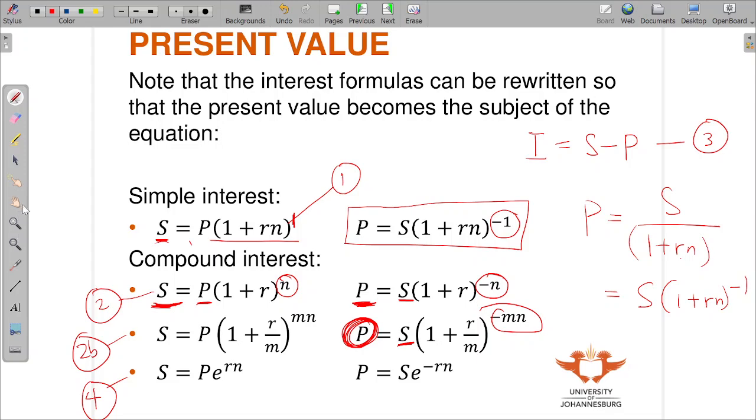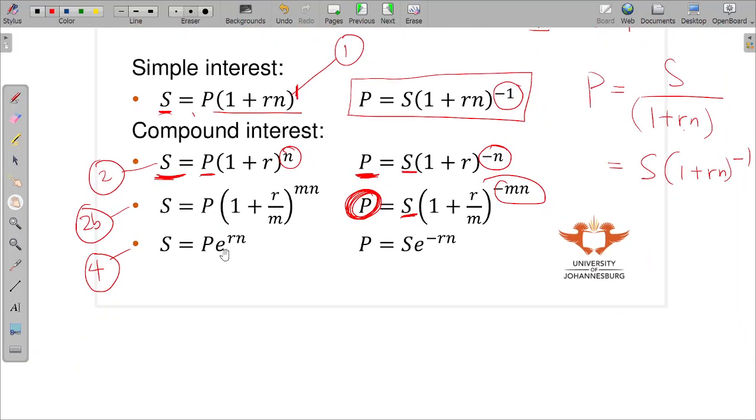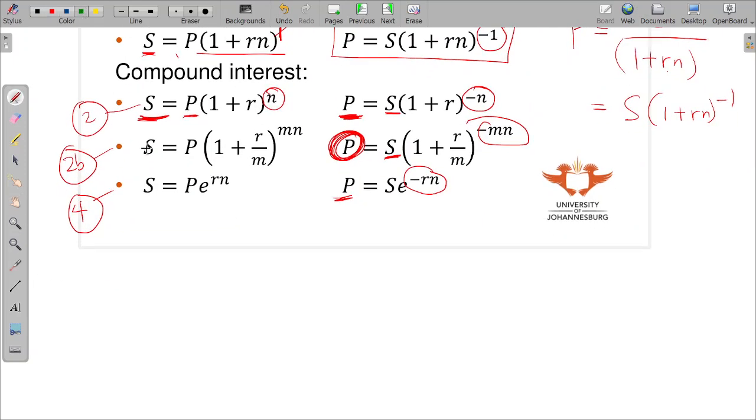The same thing for the equation of the continuous interest. If we are looking for the present value, then it also takes the negative power. Please take note of that. So don't mix things up. Don't write S equals P(1 plus R) to the power of negative N. No, this is wrong because we are looking for the future value, so the power is supposed to be positive.